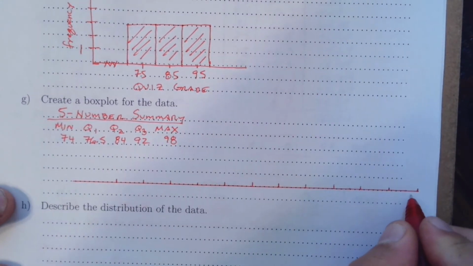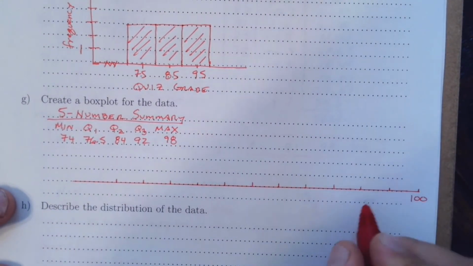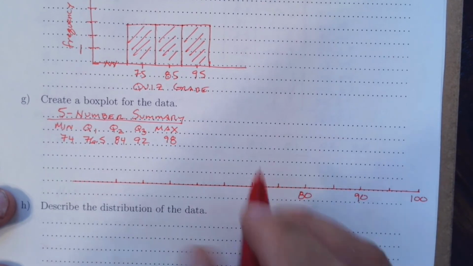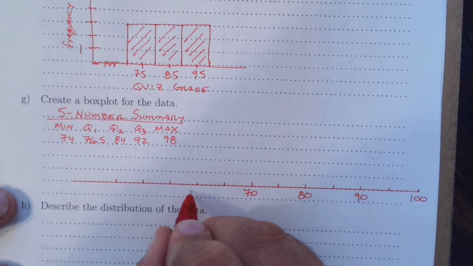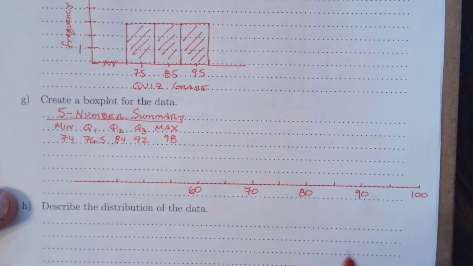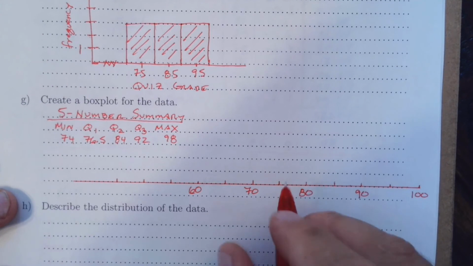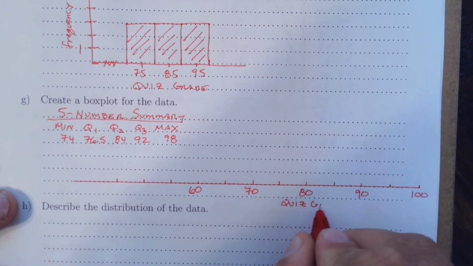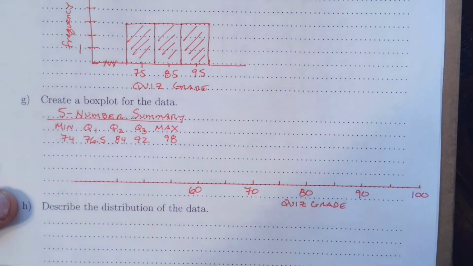So I'll go ahead and say that over here is going to be 100, this is going to be 90, here is going to be 80, here is going to be 70. I still need to label that axis, and this axis once again needs to be told what it represents. So this represents the quiz grade.